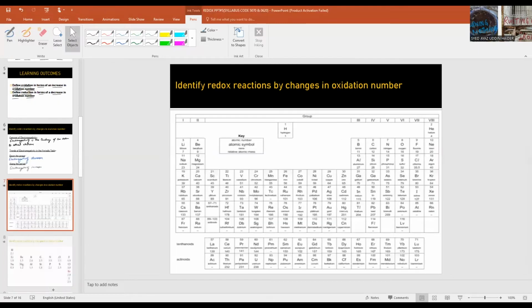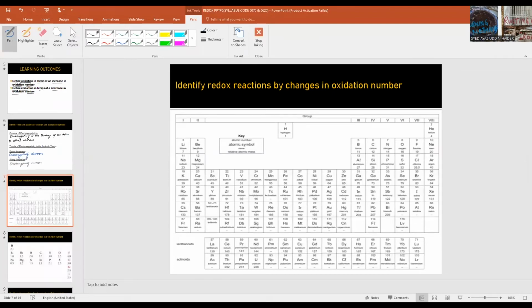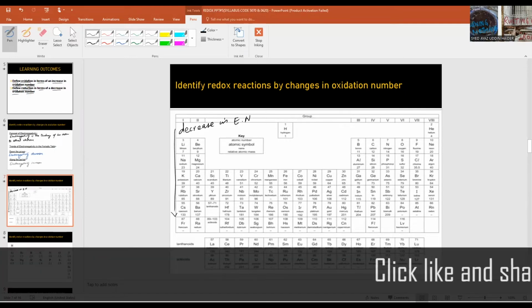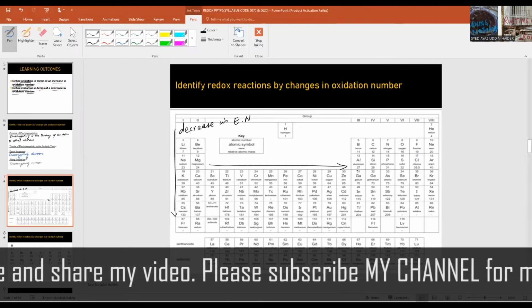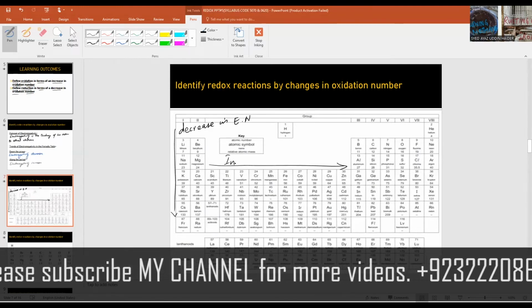Which means that within the same period, elements on the right hand side have a higher electronegativity as compared to the elements on the left hand side. That's what I've talked about. I've talked about the decrease in electronegativity, EN, down the group. And if you move from left to right, it increases.